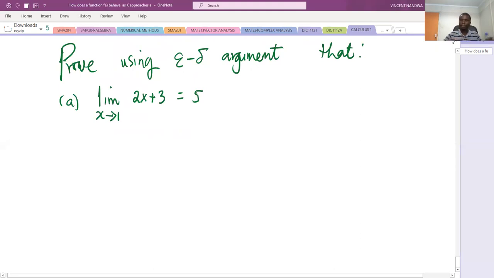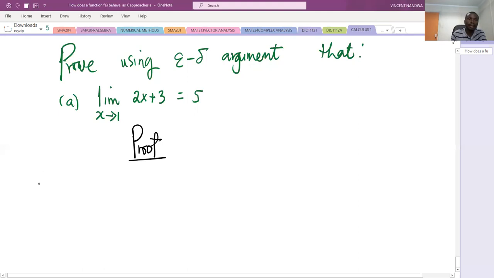For this, this is how we structure the proof. I start by assuming that there's this small positive number epsilon that has already caused a change in y.